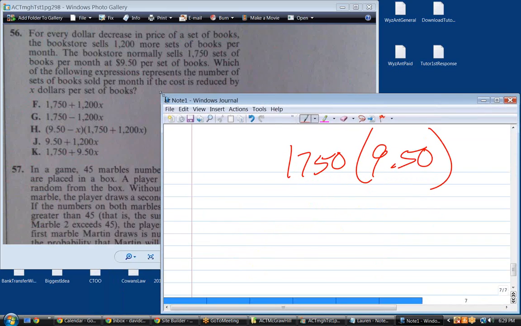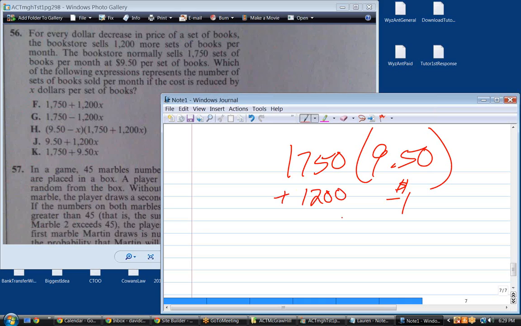So that's the problem, and they want us to come up with an expression. So what did I just do? For every dollar I subtract from the price, I'm going to add 1,200 sets of books.